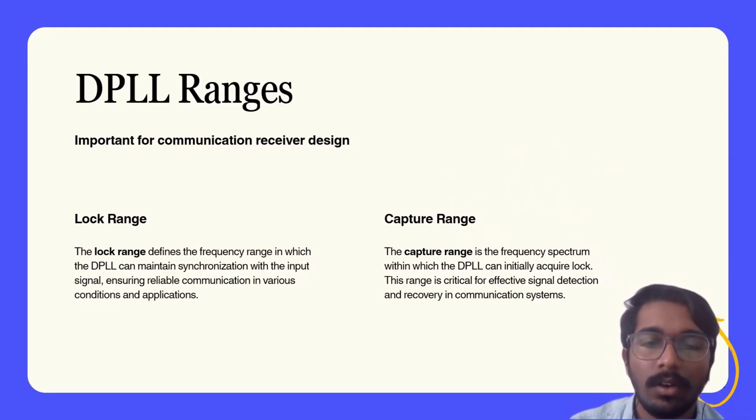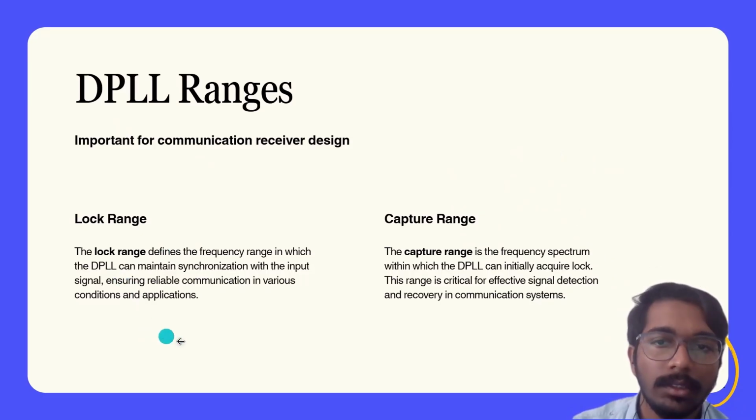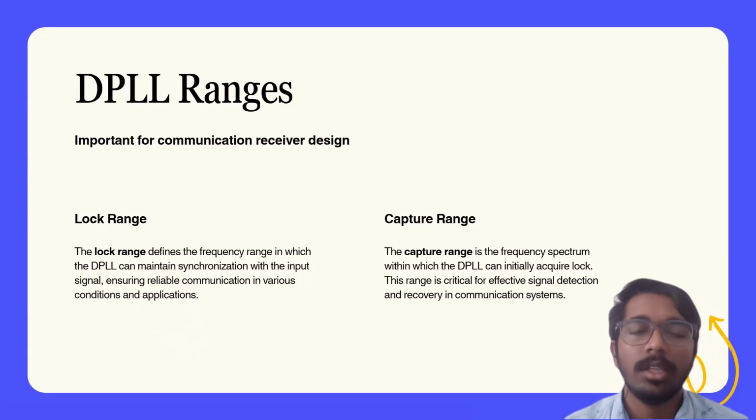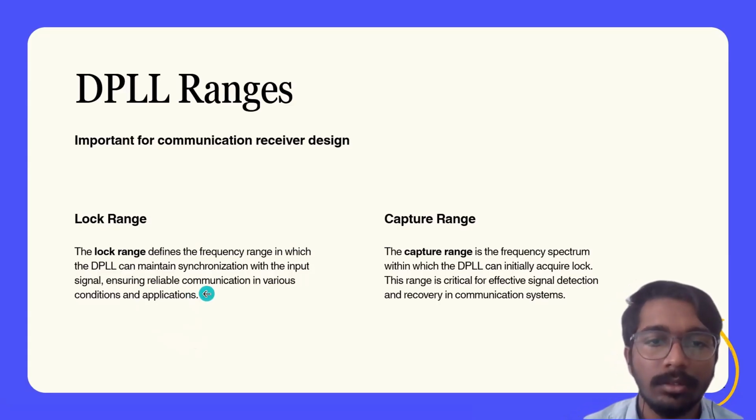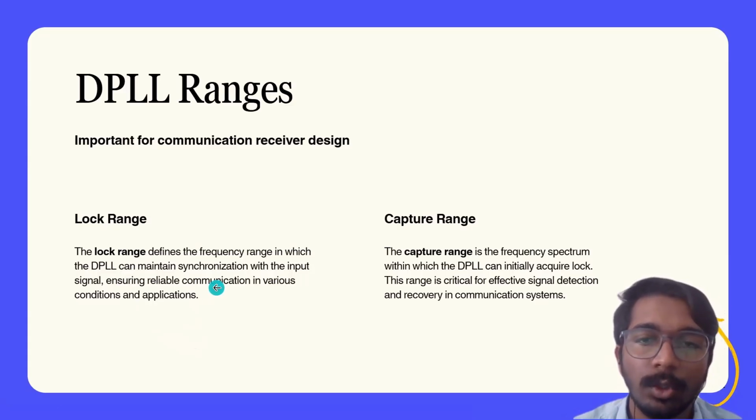The lock range, on the other hand, is the range of frequencies over which the loop can maintain synchronization once it is already locked. Usually, the lock range is larger than the capture range. Therefore, proper selection of loop gain and filter parameters ensures that the capture and lock ranges are suitable for the intended application.